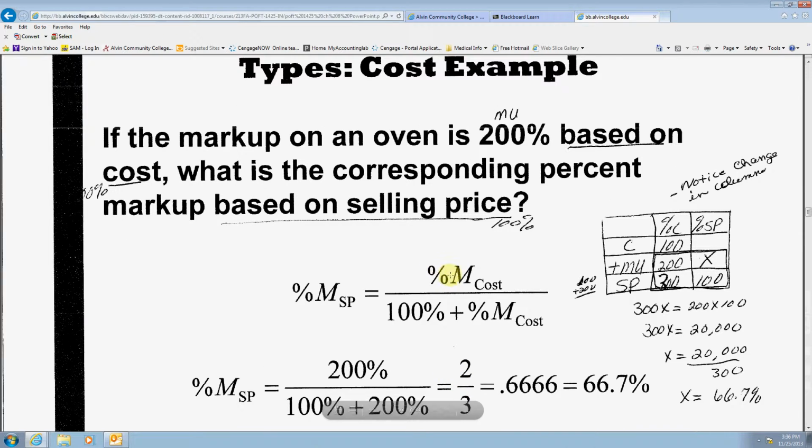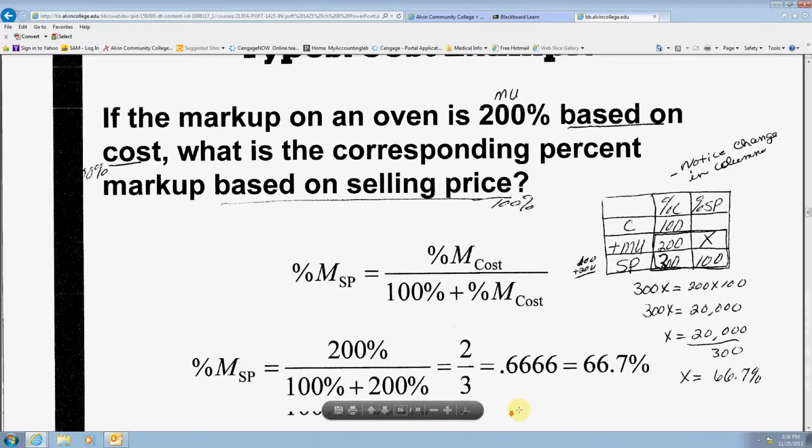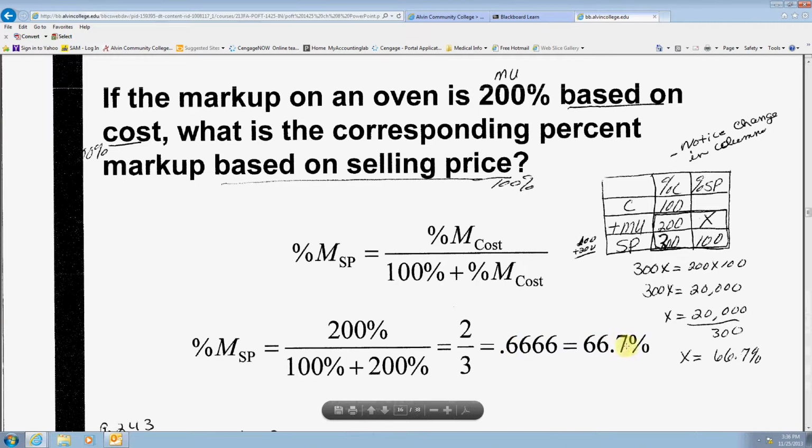So our percent markup on cost is 200, and then we're going to add our cost based on cost, 100% plus the 200, and we get 66.7%.